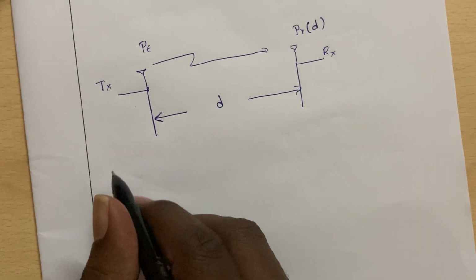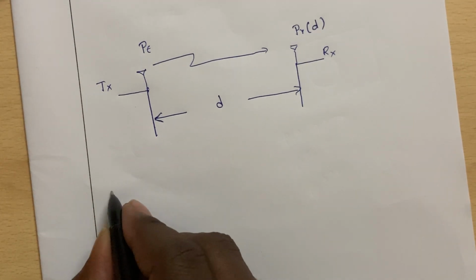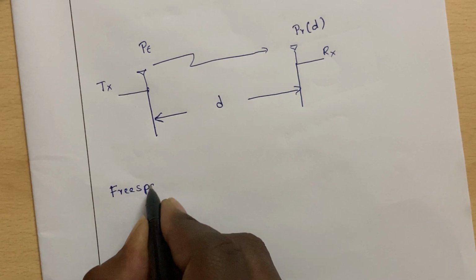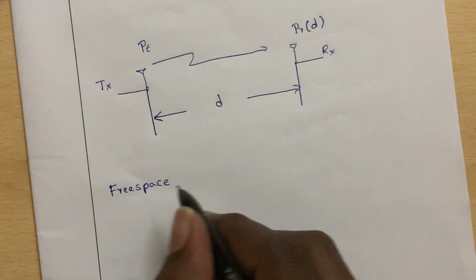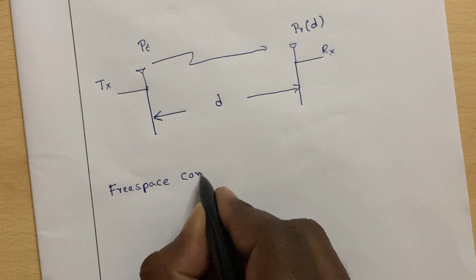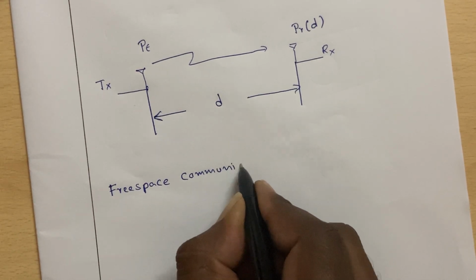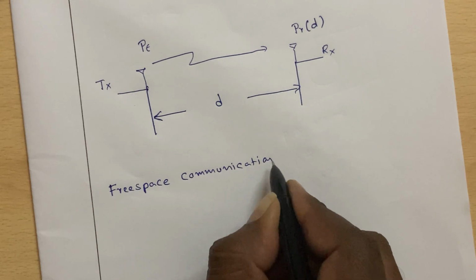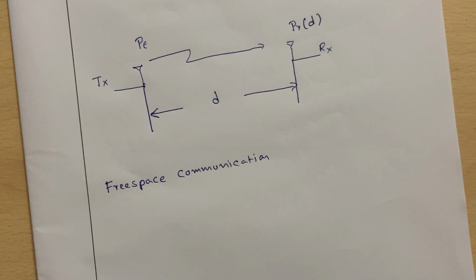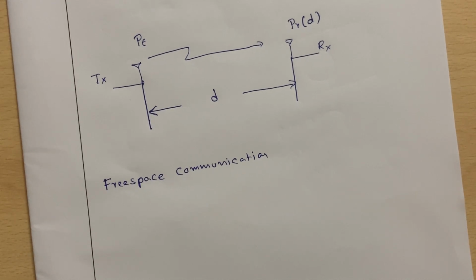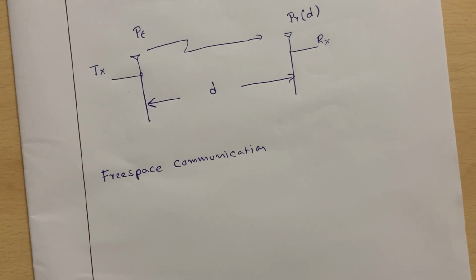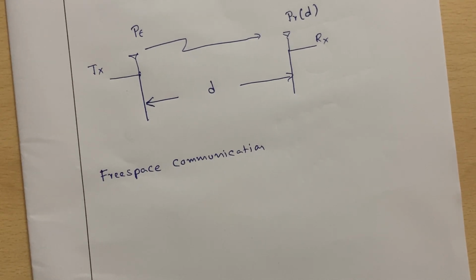Because we are going to analyze from the basic wireless medium, which is free space. So we are doing free space communication analysis. Free space means there will be no obstacles between transmitter and receiver, and no other objects in the surroundings of transmitter and receiver.